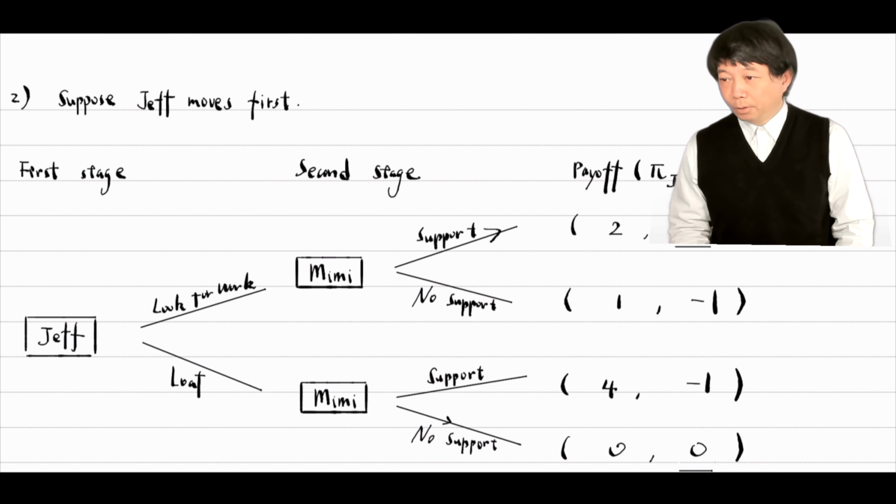If Jeff looks for work, he knows his mother will support him, and his payoff is 2. If Jeff chooses to loaf, his mother will not support him, and his payoff is 0. Jeff is better off looking for a job. We underline his payoff 2 and add an arrow on the path.